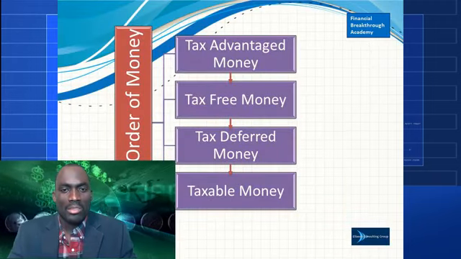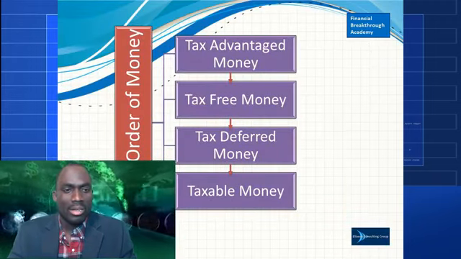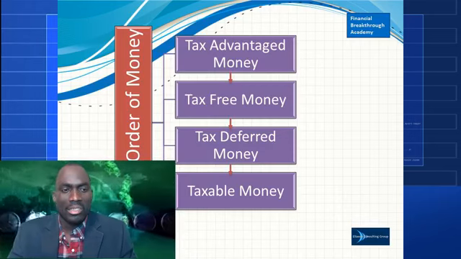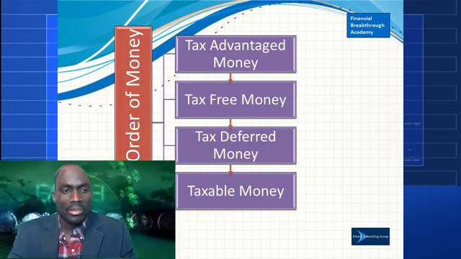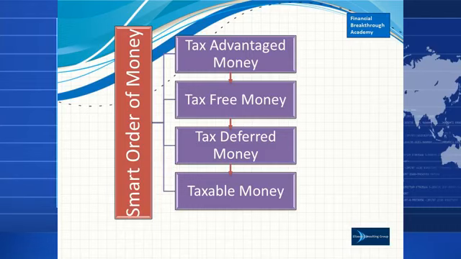Basically, there is an understanding in the industry that if you take money in any format, any form, you'll find that there are four major orders of money that will give you an idea of the best form of money to have.